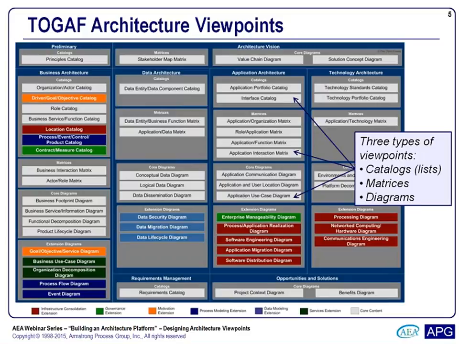So, for example, if we're doing infrastructure consolidation, we may be interested in some of the dark red viewpoints, such as a location catalog or an application migration catalog. If we're doing governance, we may be interested in the contract measure catalog, or if we're process modeling, process flows and event diagrams.